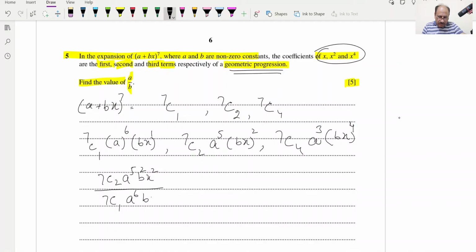So we have utilized this term and this term to write down the r value, and this is equal to, we can use the fourth term and second term.